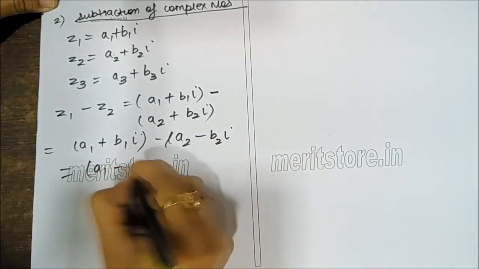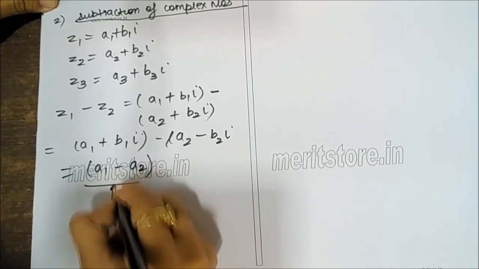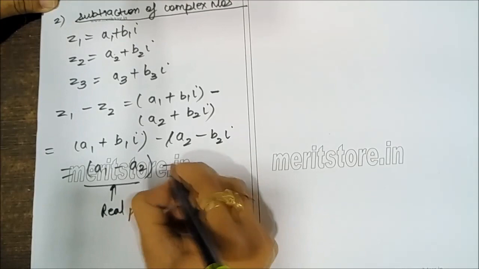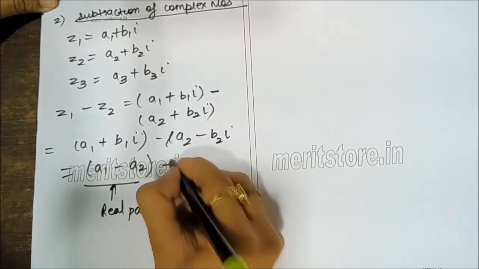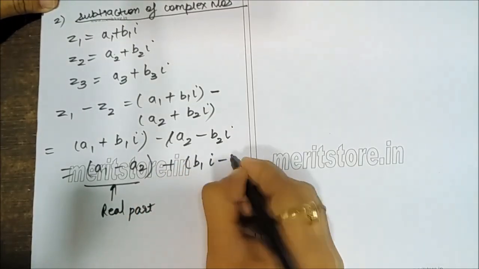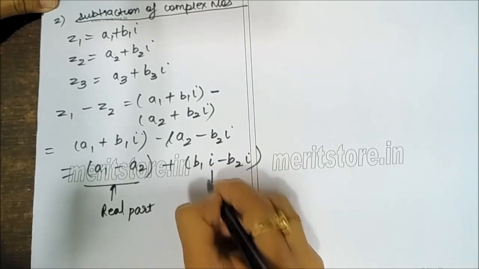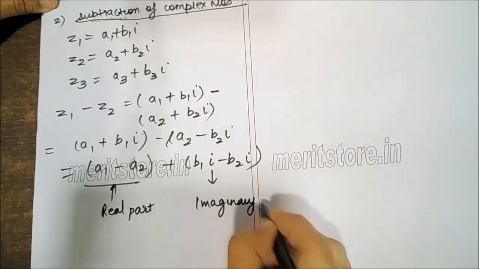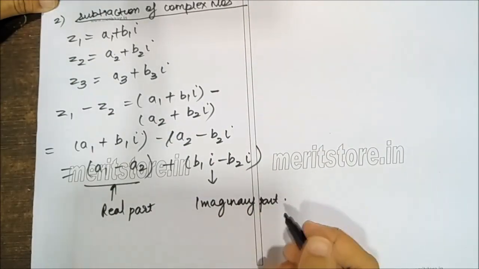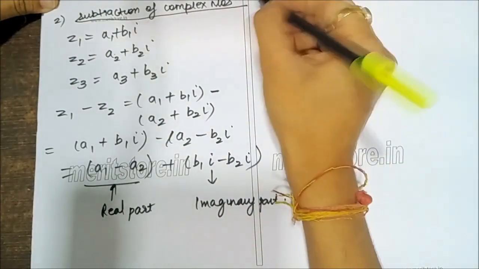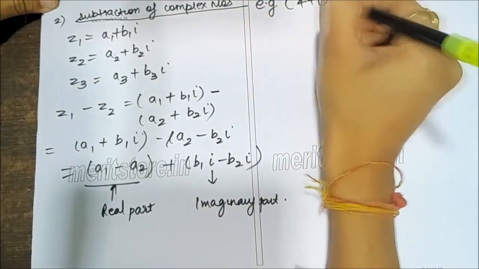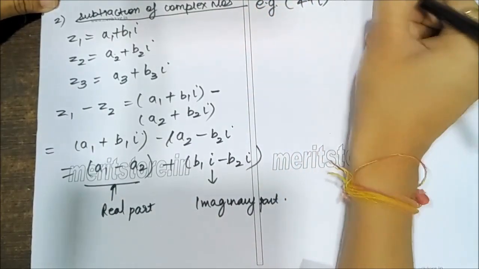So a1 minus a2, this is again your real part, plus b1i minus b2i, this is your imaginary part. So again an example, 4 plus i minus 2 minus 3i.